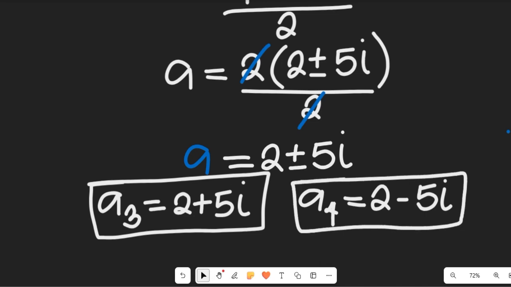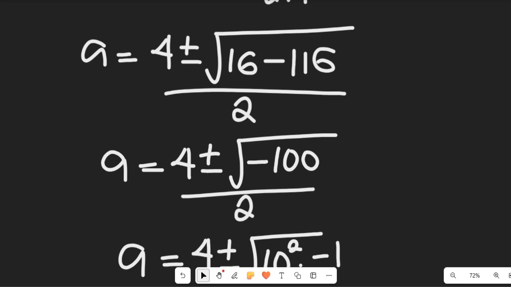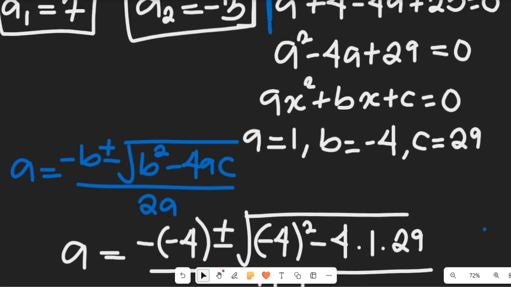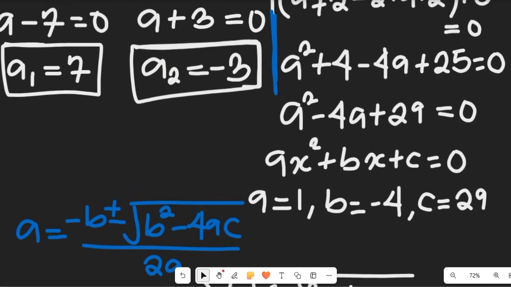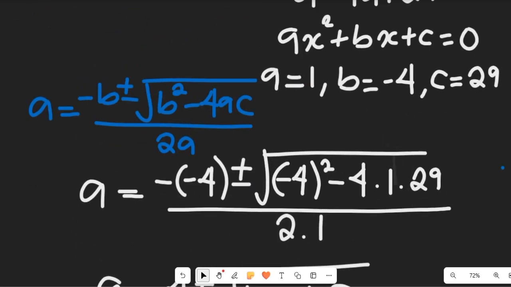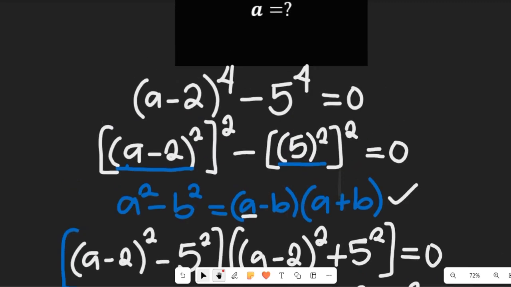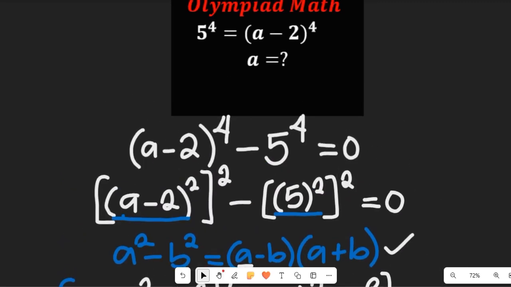While the other two solutions are real solutions, which we have seen up there, which is a equal to 7 and a equal to negative 3. So we can absolutely check if our solution is right. Remember, we are given 5 to the power of 4. Can it be equal to a minus 2 to the power of 4?